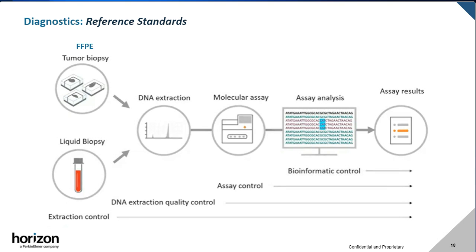If you're starting with tumor biopsies, for example, our formalin fixed paraffin embedded sections or blocks act as a single whole process control, so you can validate an assay from DNA extraction to the final analysis of test results.